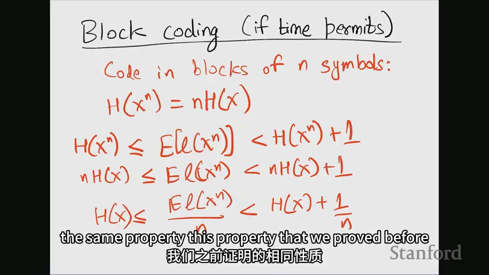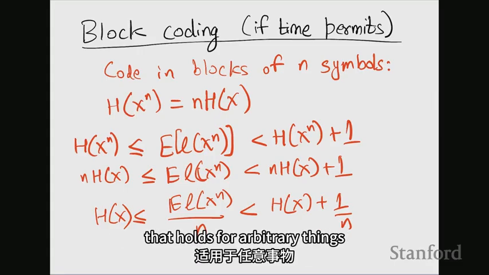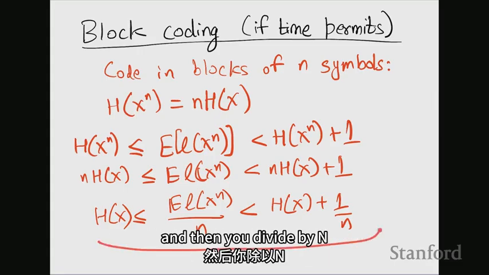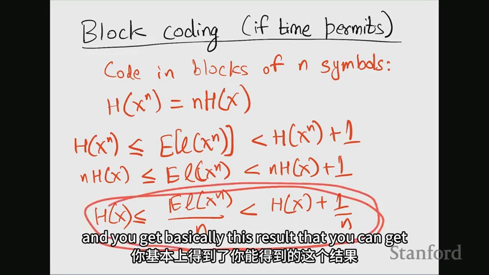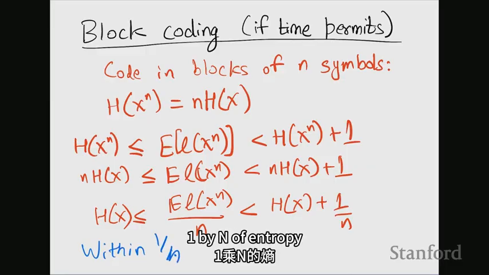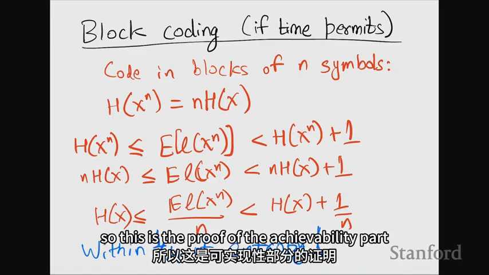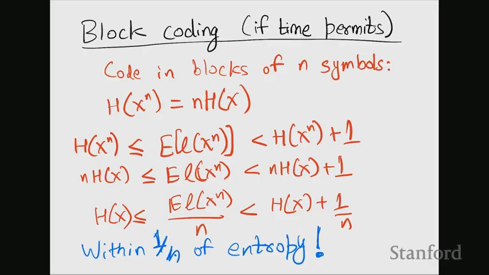The same property that we proved before, that you are between H(X) and H(X) plus 1, holds for arbitrary things. And then you divide by n and you get this result that you can get within 1 over n of entropy. So this is what we call arbitrarily close. This is the proof of the achievability part.